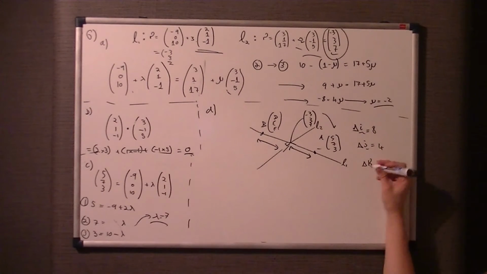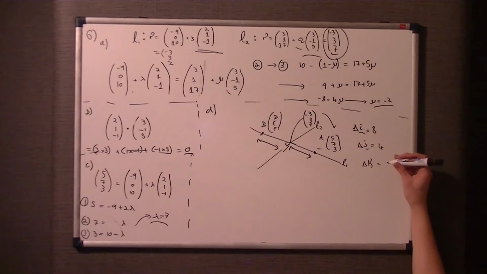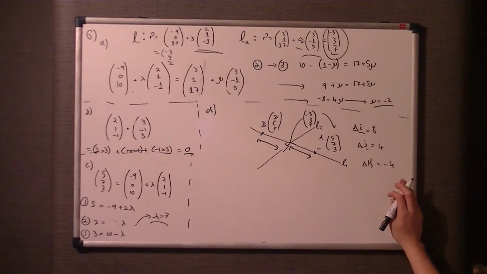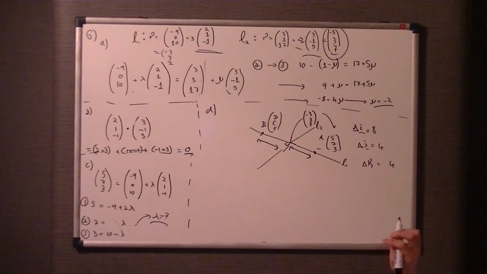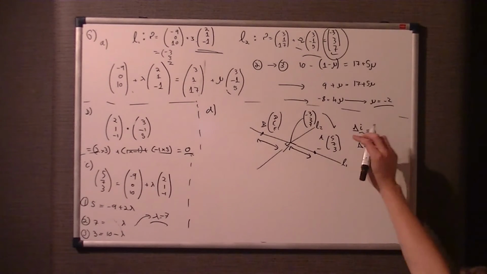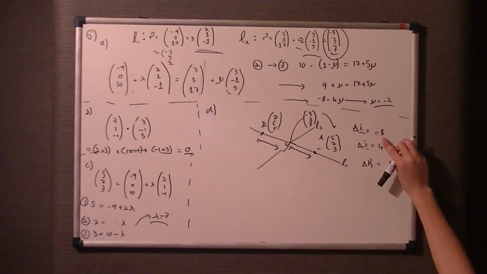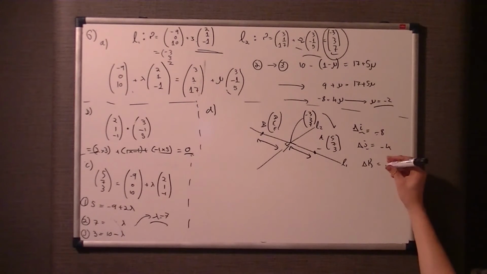The change in the K coordinates, because obviously B is going to have a K as well, is 3 minus 7, so that's minus 4, so basically the change in the K coordinates is 4. Now you can work out that the I coordinates have been reduced by 8, the J coordinates have been reduced by 4, and the K coordinates have been increased by 4.